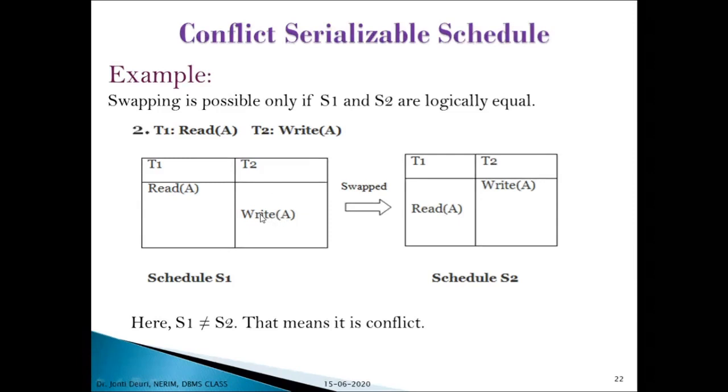If this one is a read operation, then there is no problem. But here it is a write operation. T1 has read A, and T2 writes it. After swap, first T2 does the write operation, then T1 starts the read operation.